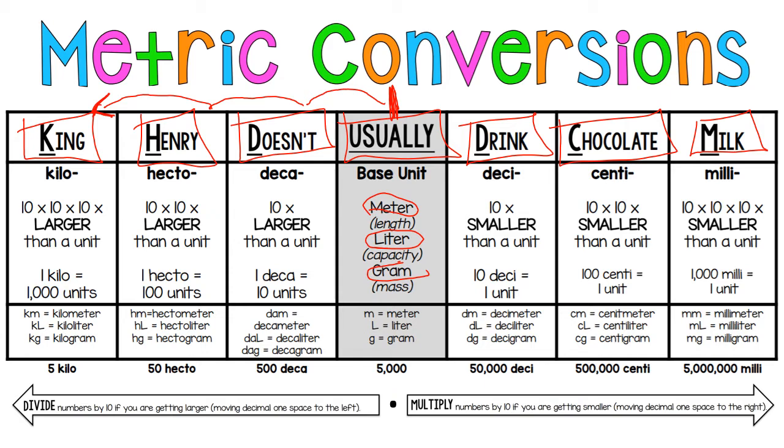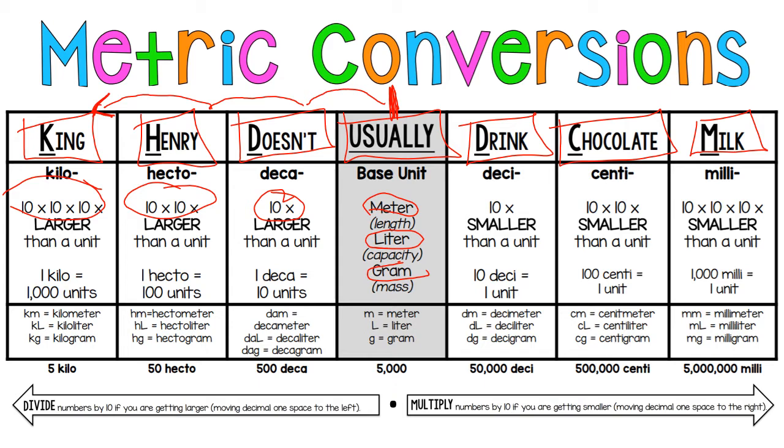This, doesn't, is 10 times larger than usually. Henry is 100 times larger than usually. And King is 1,000 times larger than usually. So that's where this comes in. Okay? And this is going to relate back to our powers of 10 we did at the beginning of the year. So if we're talking about meters, deca is 10 times bigger than a meter.